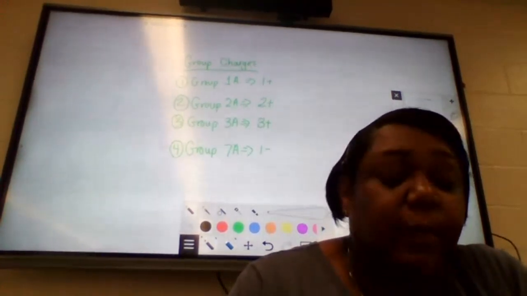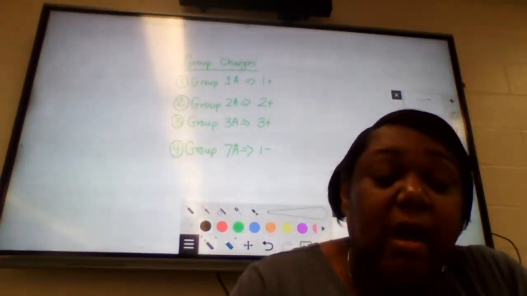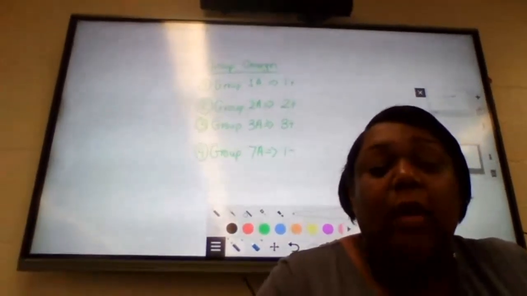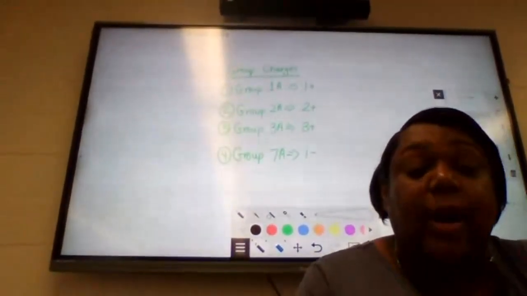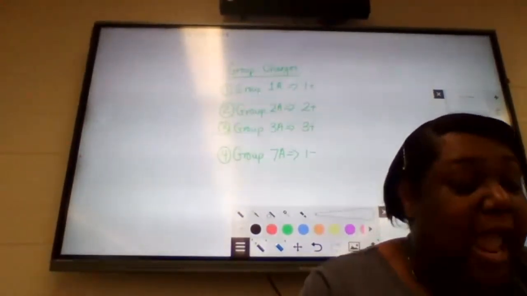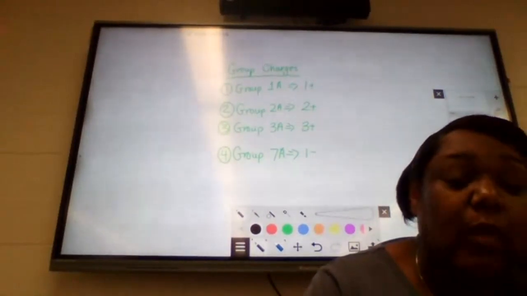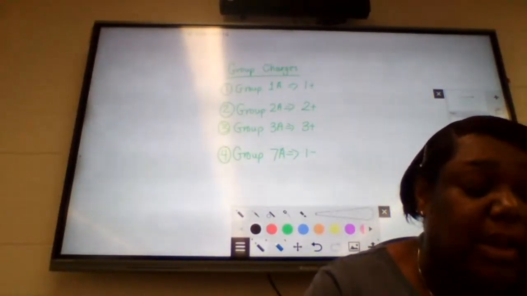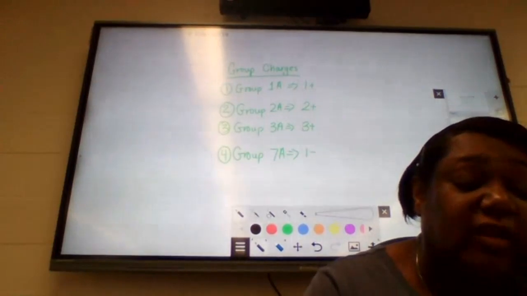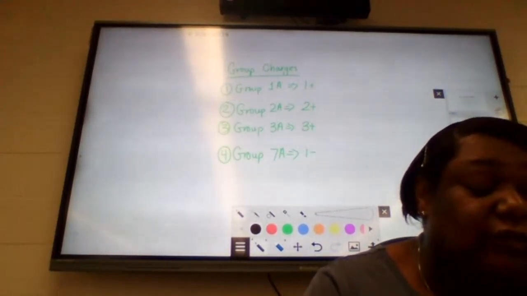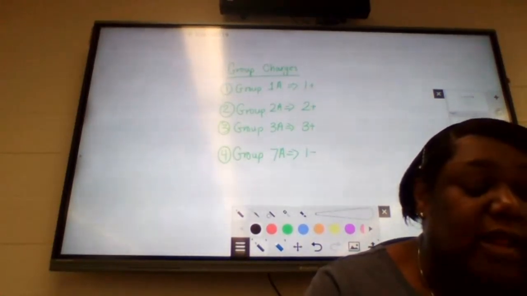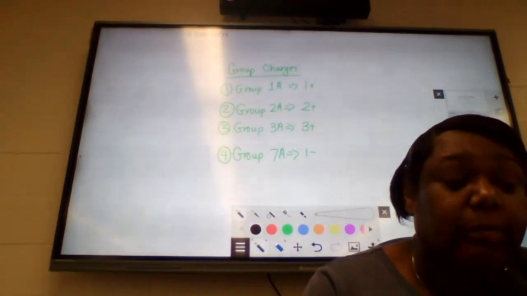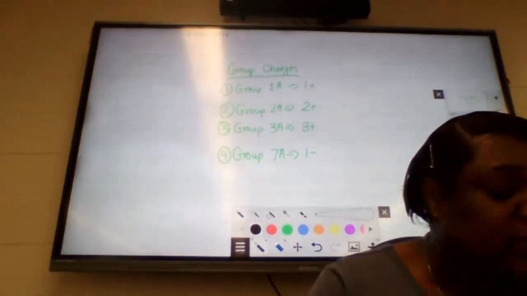Now, in section 6.2, that's where we start talking about ionic compounds, and we talk specifically about the properties of ionic compounds. What you're going to find is that when you are dealing with ionic compounds, because those electrons have been transferred from one element to another, there are very important properties that arise.